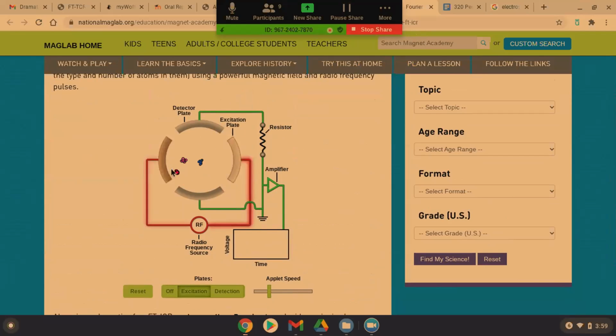So we'll just wait for them to start moving. You can play with the applet speed as well. So that's what they look like. And then if you switch to detection, you can see that they're much farther out and are able to interact with those detector plates. And we're able to get our voltage versus time, our time domain graph from that.